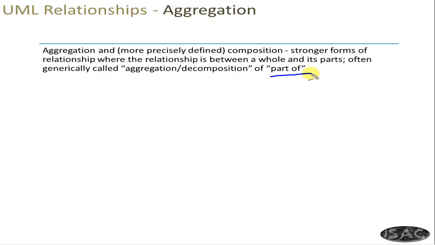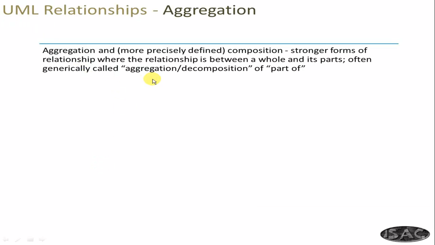We can see that tire is a part of car, engine is a part of car, steering is a part of car. So, this is basically the relationship between a car and these, and this one is called aggregation relationship.